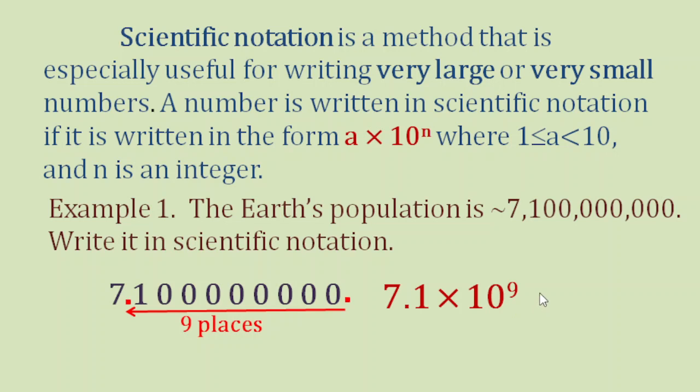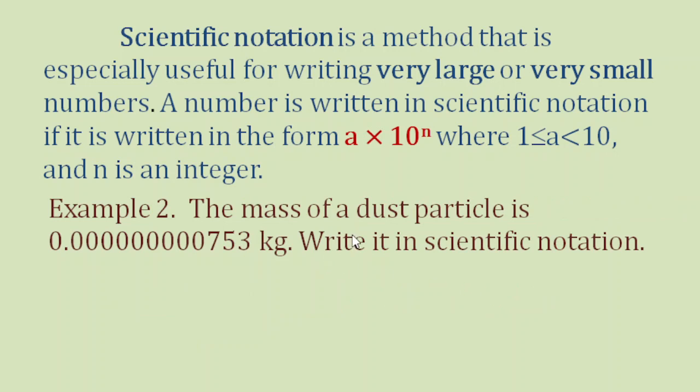Now let's do another example. The mass of a dust particle is 0.00000000753 kilograms. Write it in scientific notation. Now again, we are going to move this decimal point to this spot, but first we are going to copy it down to make it clear.